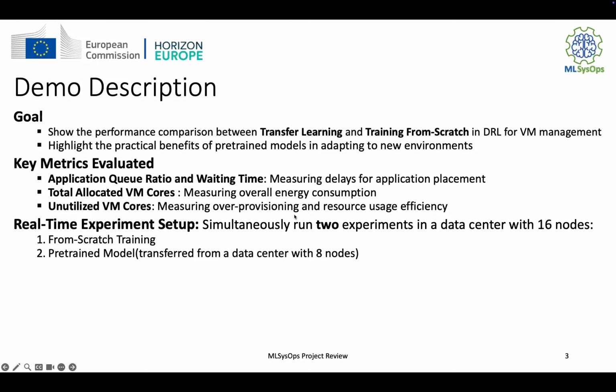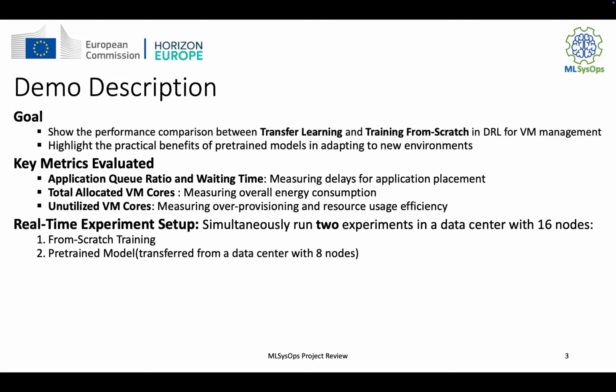So we will start two different experiments in parallel in a data center with 16 nodes. The first model will try to learn from scratch, and the second model is an actual pre-trained model which has already been trained to do the exact same thing but with 8 nodes. So it has learned to perform VM management but with a smaller number of available nodes.